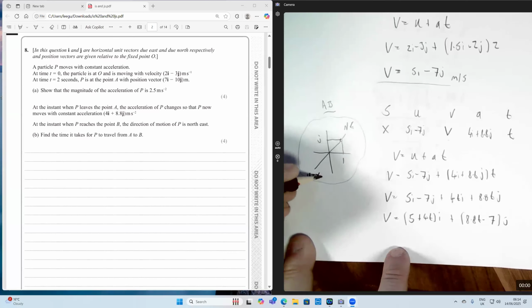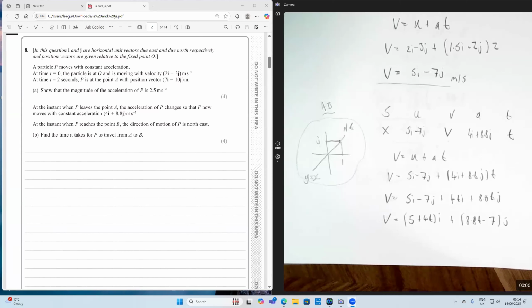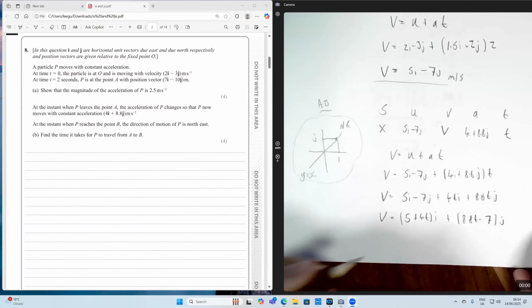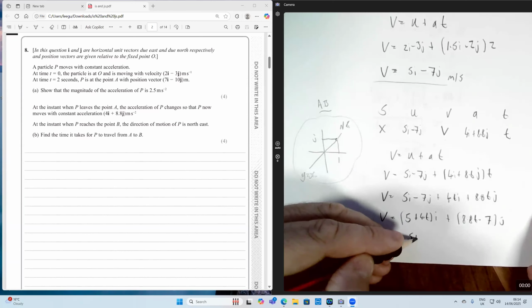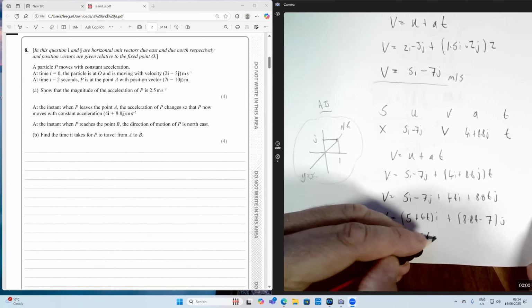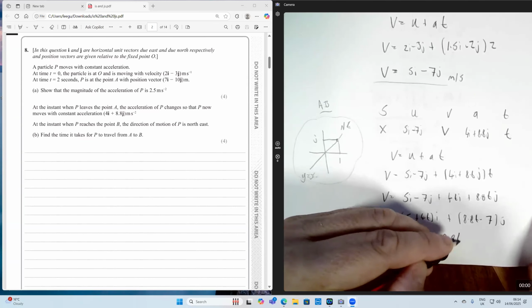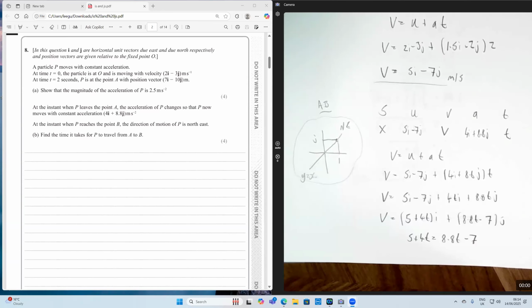The line y equals x corresponds to northeast. So we can put the i component equal to the j component. That's how we're able to solve this, even though we're apparently not having enough variables. The fact that we're able to equate these means that we can, in fact, solve it.